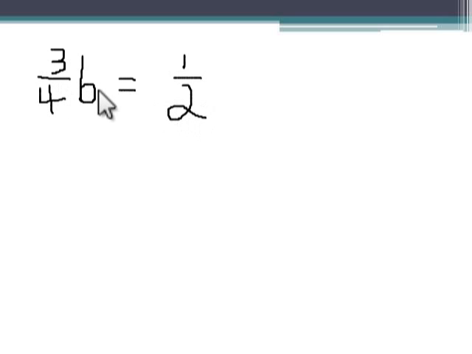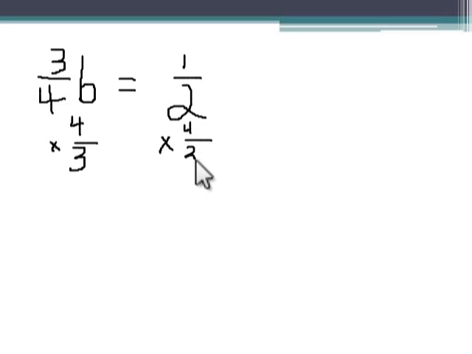But since we don't divide, what we will do instead is multiply by the reciprocal. And I hope you remember that means that you're going to flip it. So 3/4 would flip to 4/3. So we're going to multiply by the reciprocal to figure out what b is.